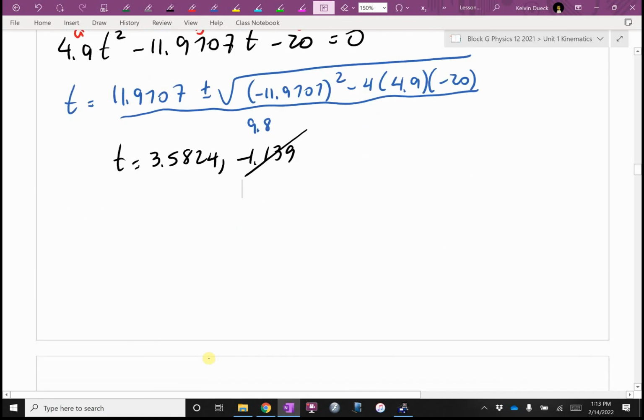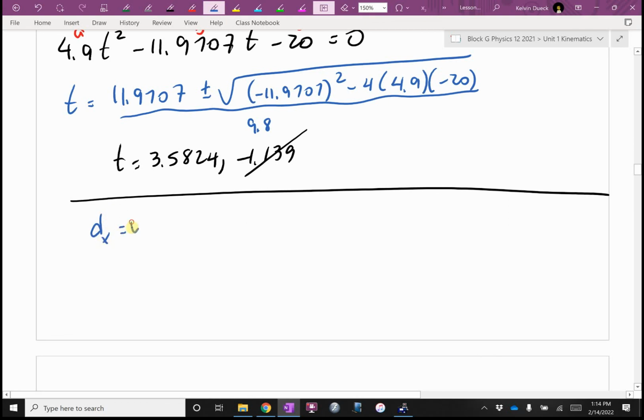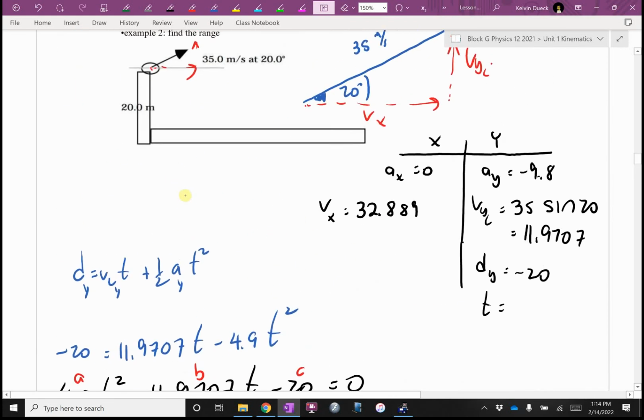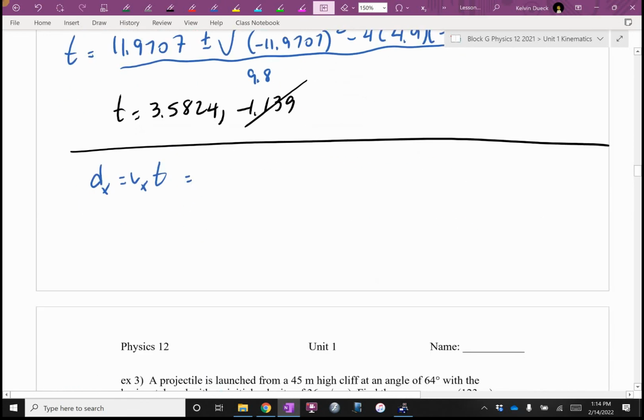Am I done? No. Because what did they ask me to find? That's going to be dx equals vx t plus, oh wait, no, just vx t. No half a t squared. What was vx? 32.889.